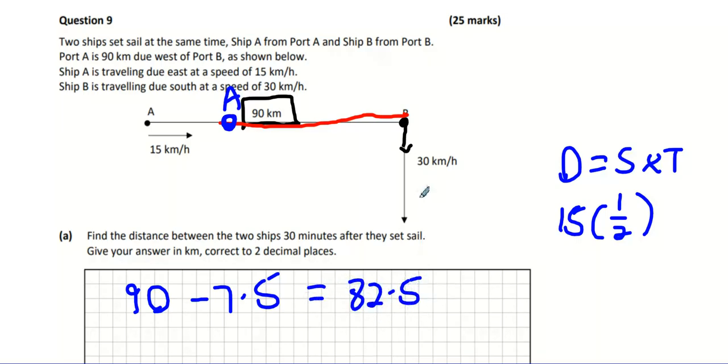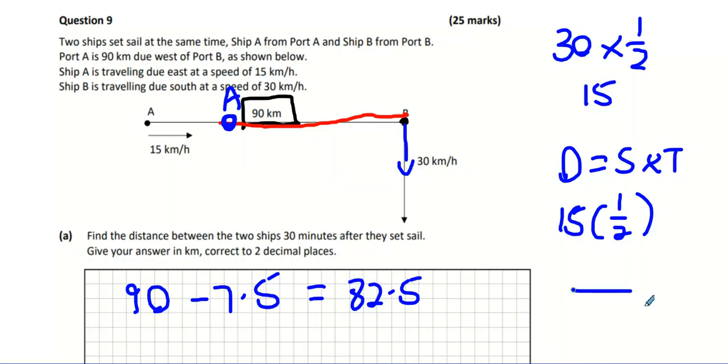Okay, now the next thing we're going to look at is how far did B travel? Well, B traveled southwards, like so. So B is going to be 30 kilometers an hour multiplied by a half, which is going to be 15 kilometers. So essentially what we have is a triangle that is 82.5 across and 15 down.